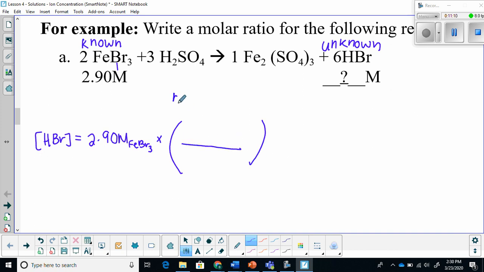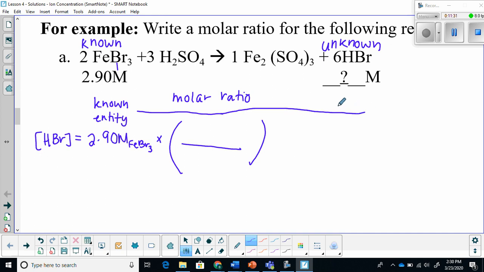Here it is, our molar ratio, which connects our known entity to our unknown entity. Give me 1 second to fix the arrow.